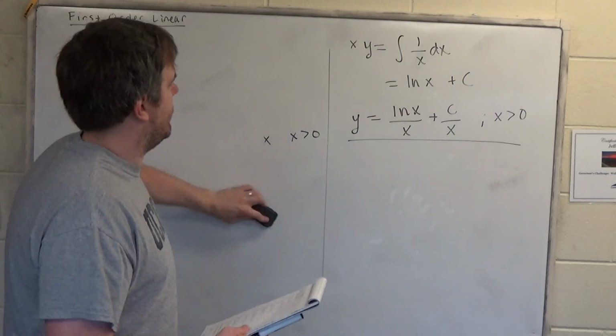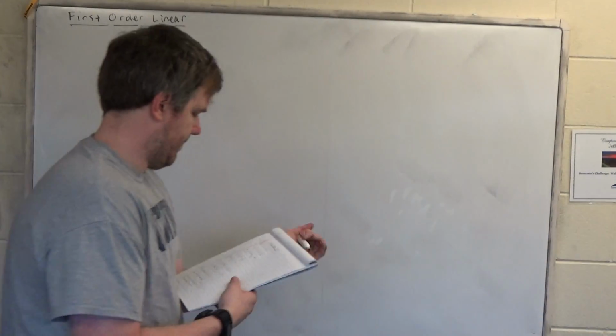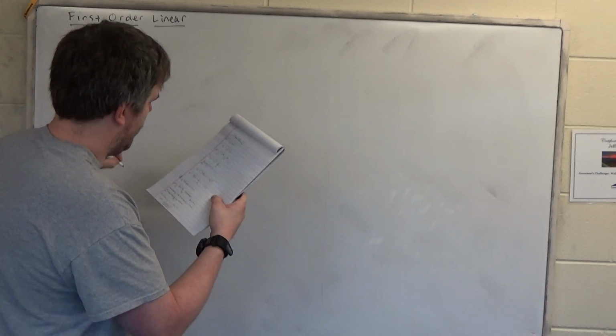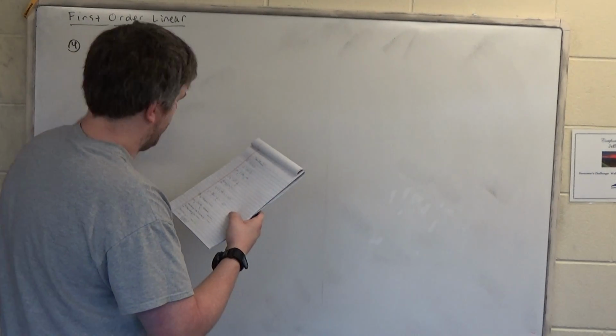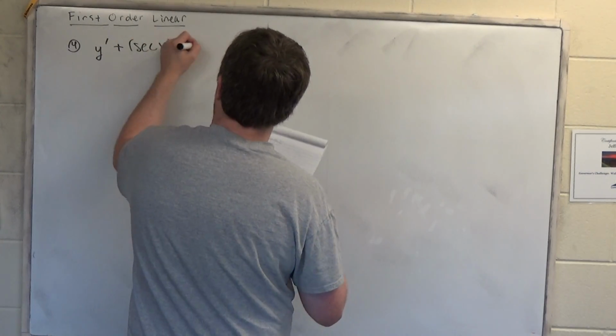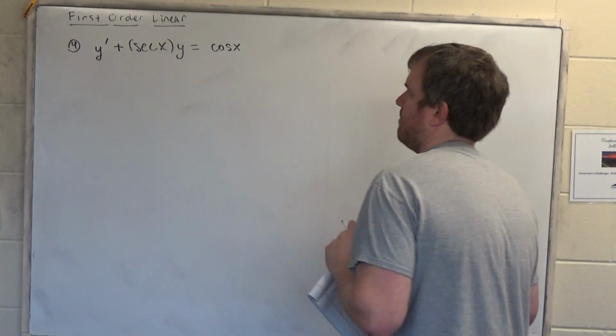Let's see another example. This one is number 4. We have y prime plus secant x times y equals cosine x.